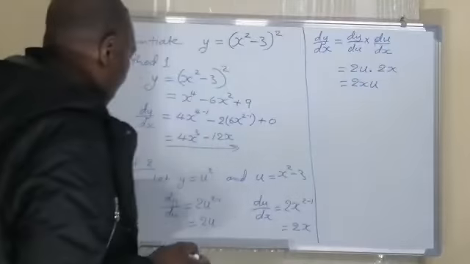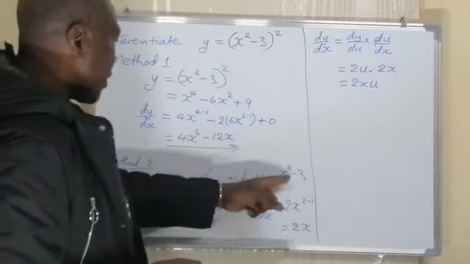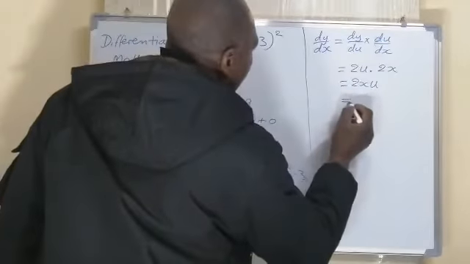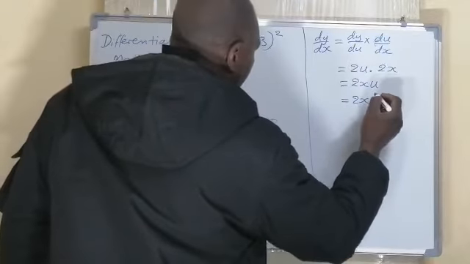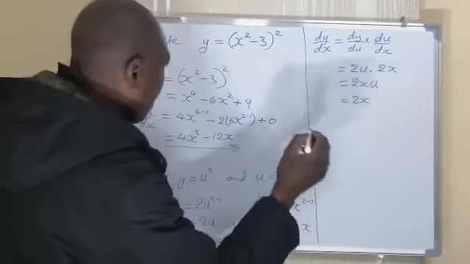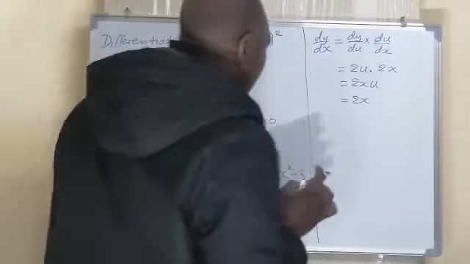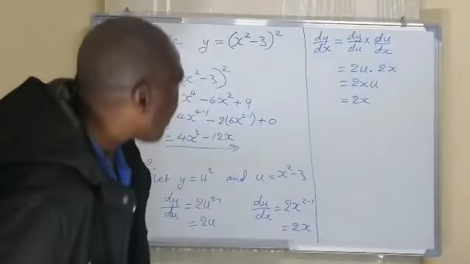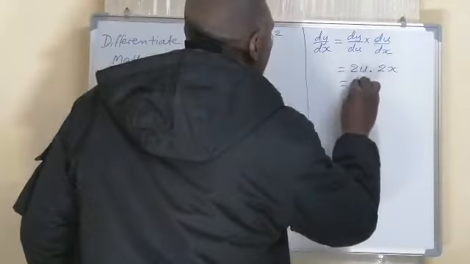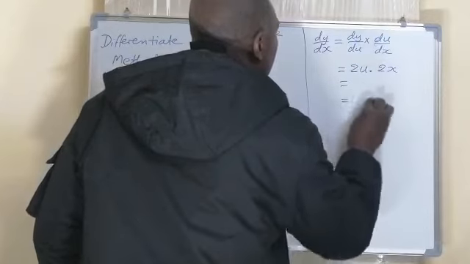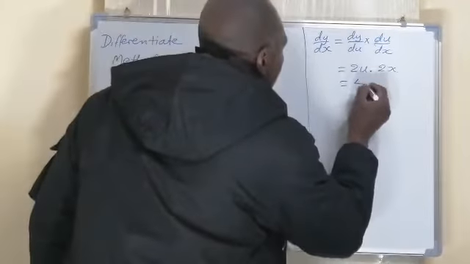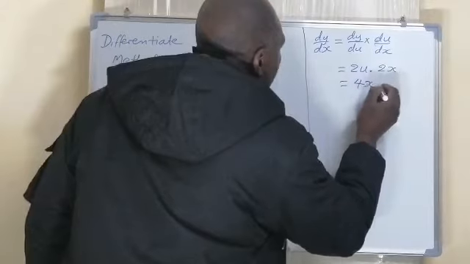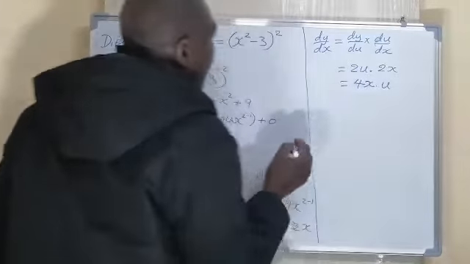But u, we said, is this one. So it's going to become 2x, oh sorry, there's a mistake here. 2 times 2 is 4xu, right?